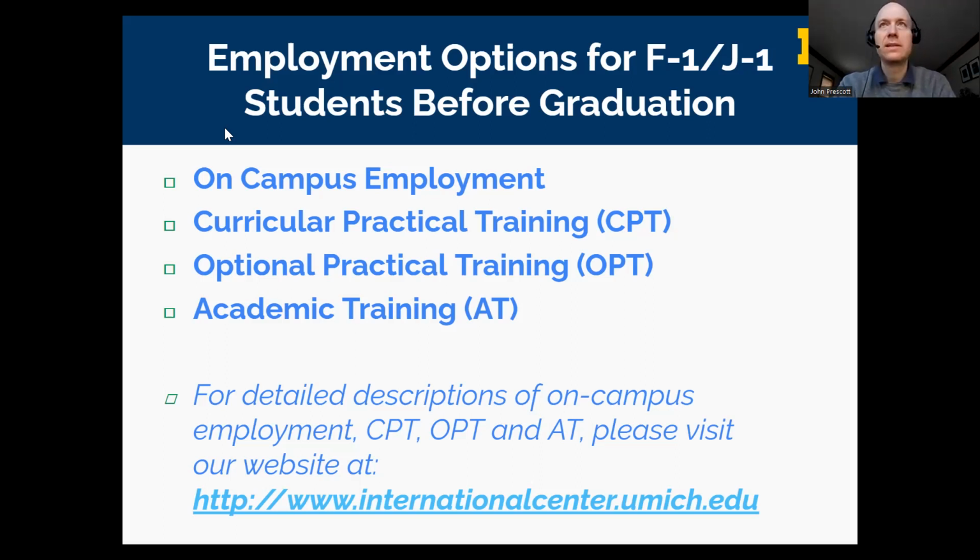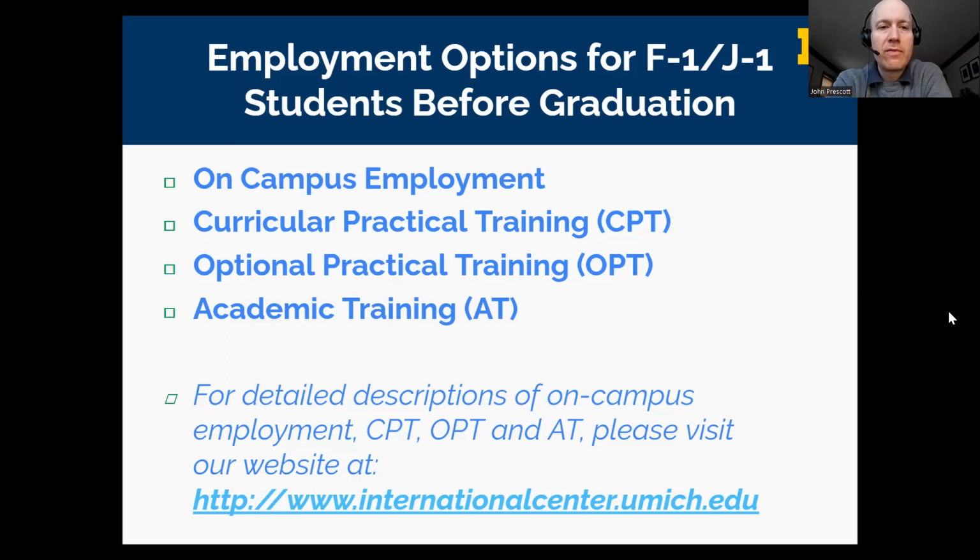CPT is the work authorization category for F1 students pursuing internships or work off campus. So it's not on-campus employment, but off-campus experiences, or perhaps you're even working remotely in Ann Arbor, but it's with an off-campus employer.